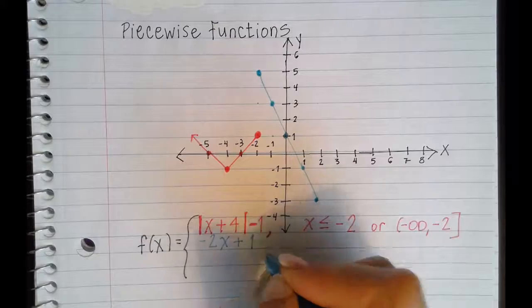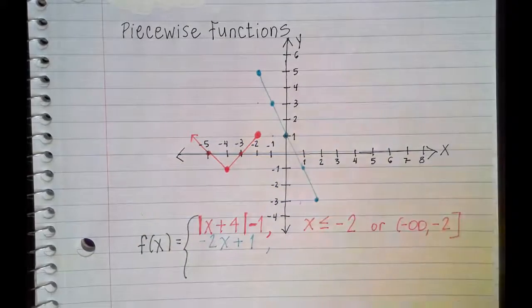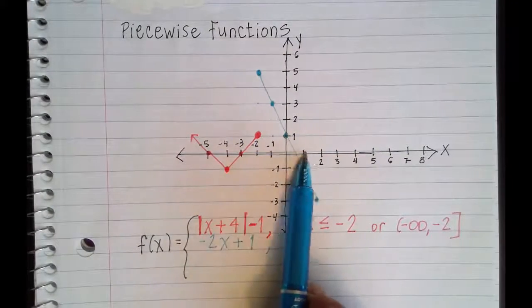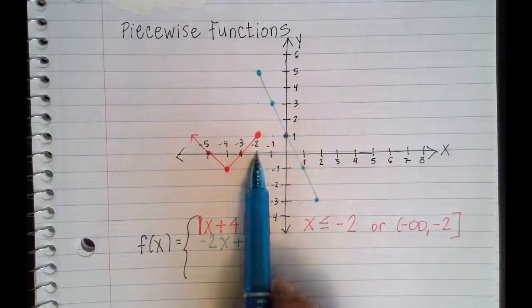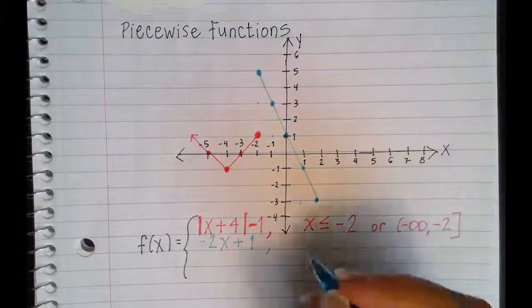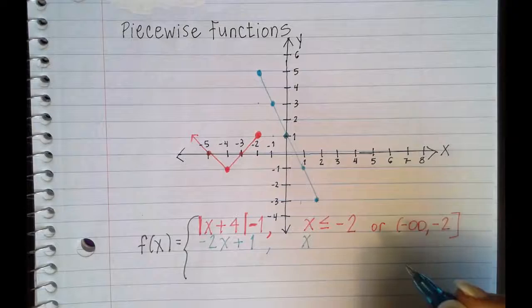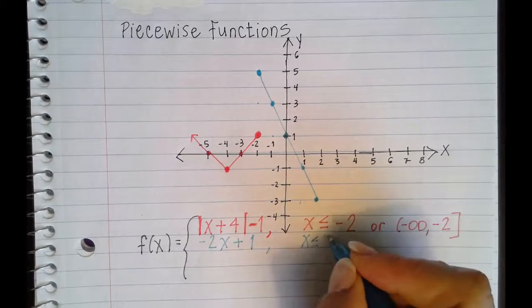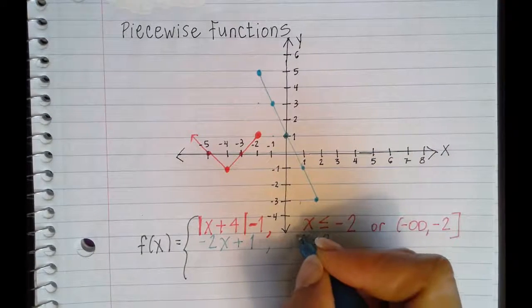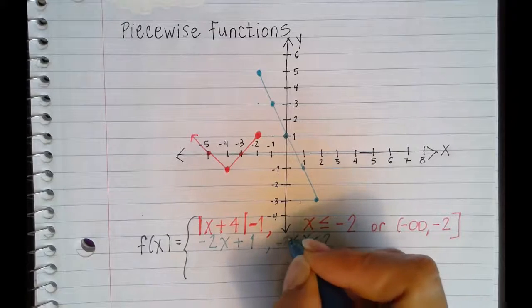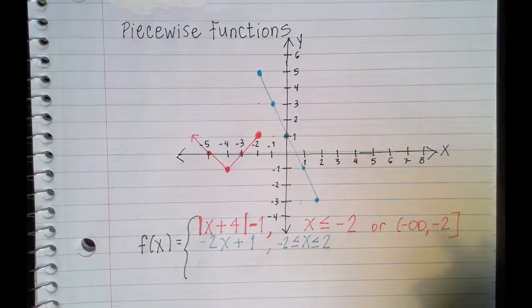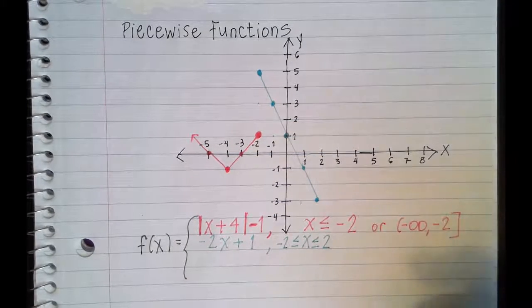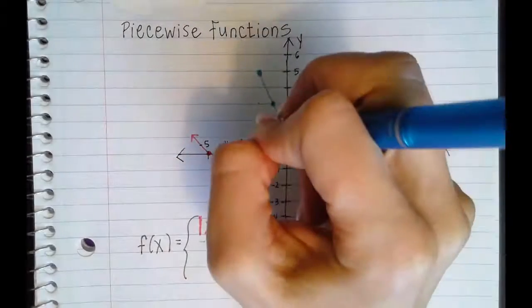Now, here, I only have a graph of this linear function. There's not arrows on either end, so I only have it between -2 and +2. So maybe we write it as a compound inequality. x is less than or equal to +2, and it's greater than or equal to -2. Oops, actually, I have an error here. So if this is closed, then that has to be open.